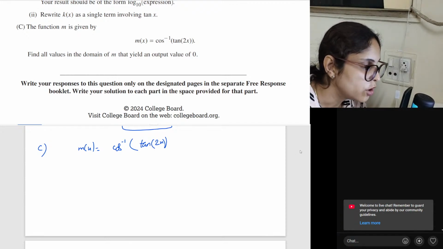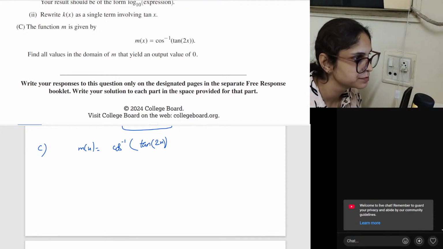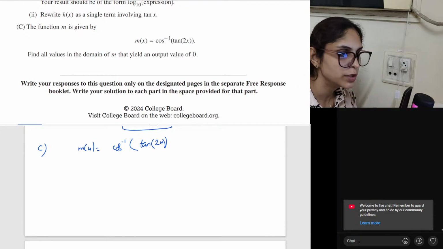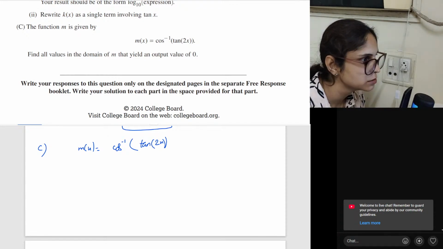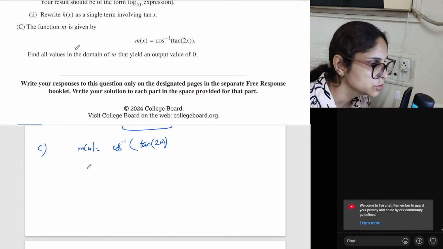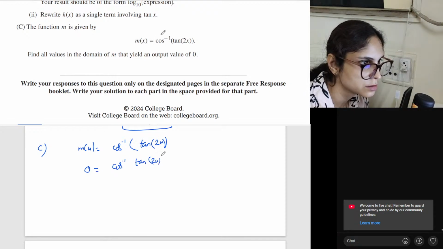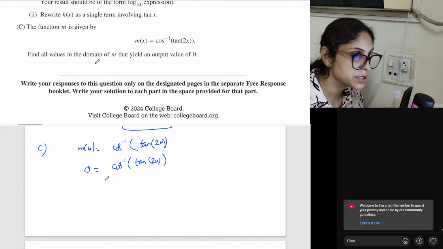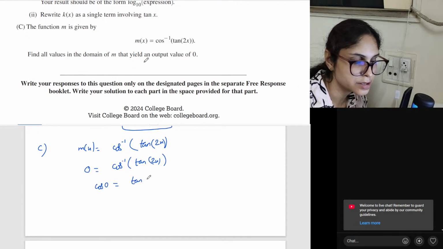So they want to find all values in the domain of m that yield an output value of 0. So output should be 0. So that will become 0 is equal to cosine inverse of tan 2x. That means if you take cosine of 0, it should be tan 2x.